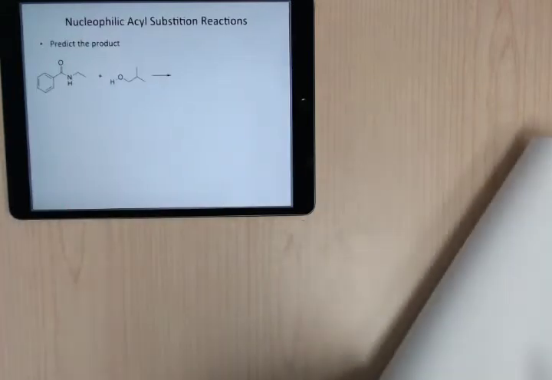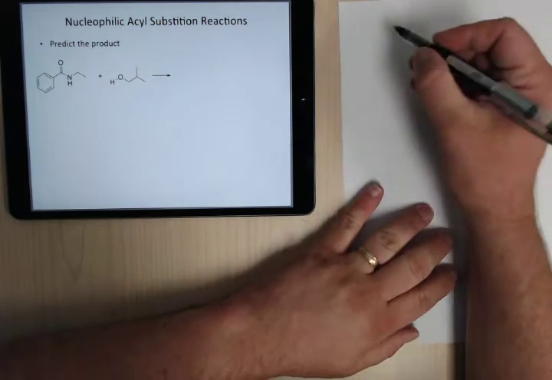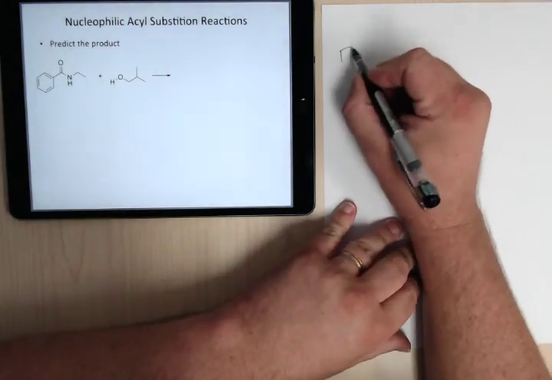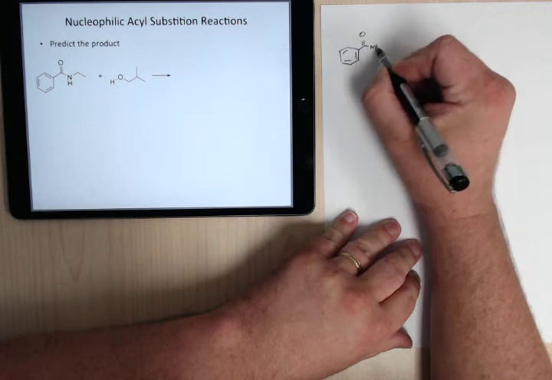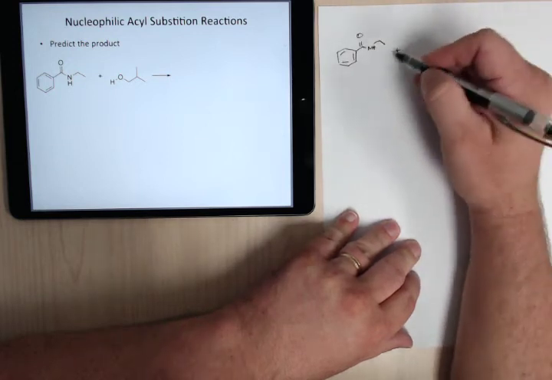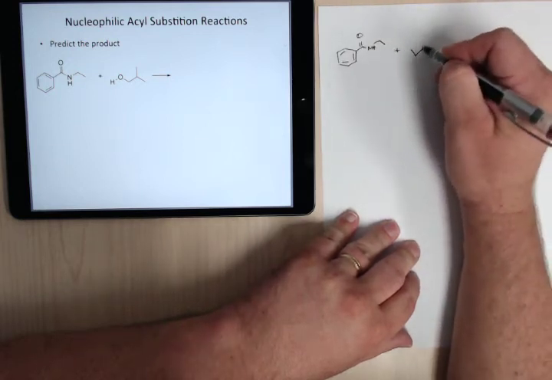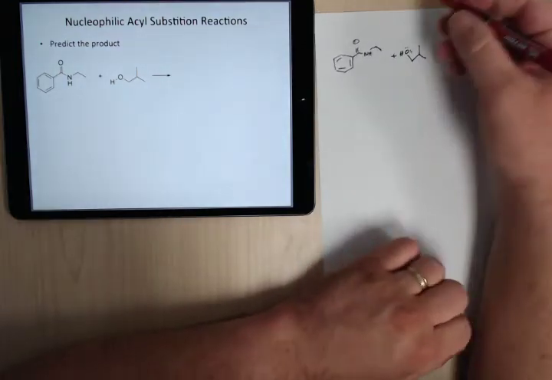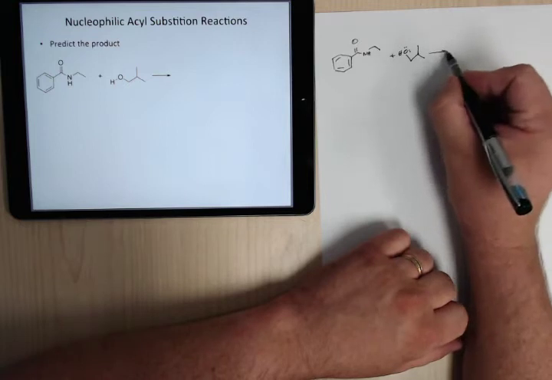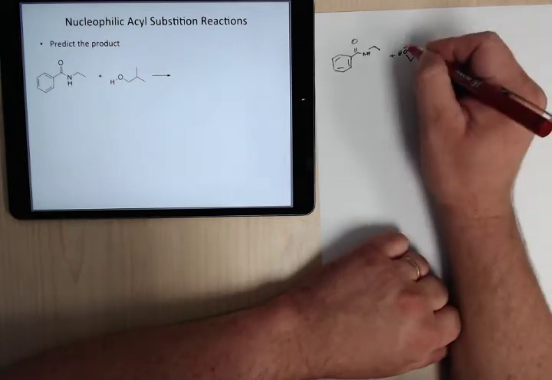Last one. Alright, so we have a set of lone pairs.